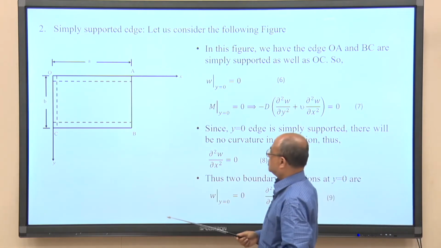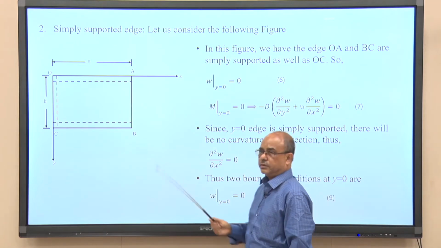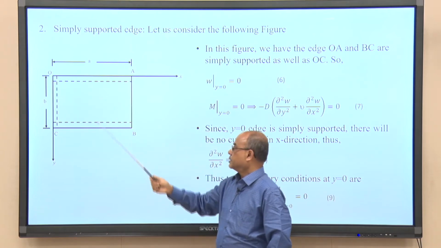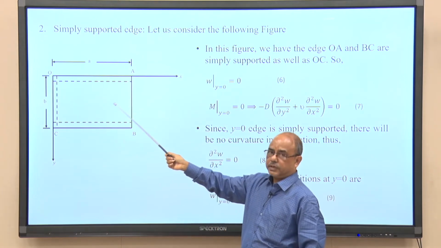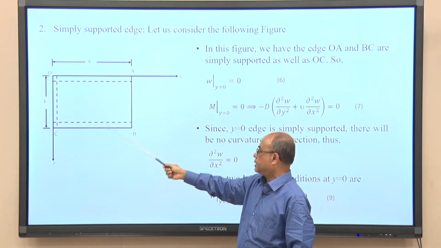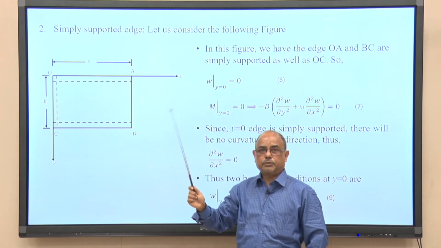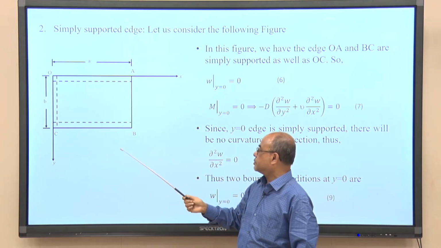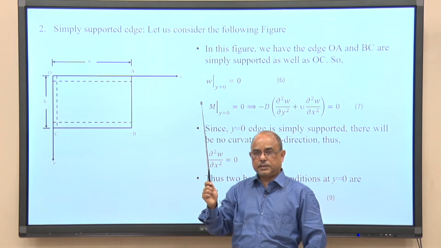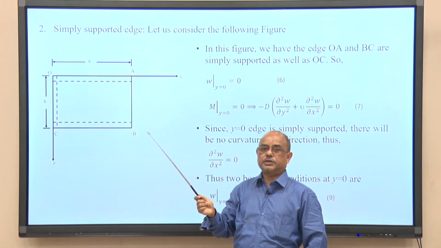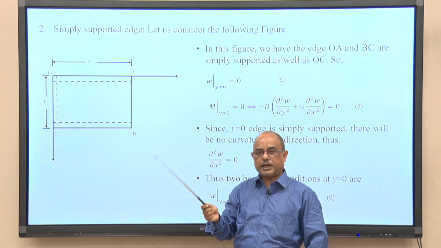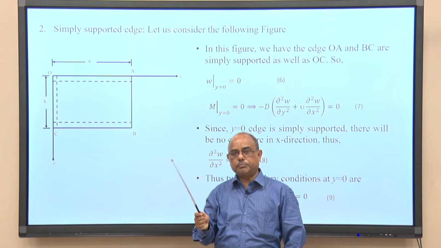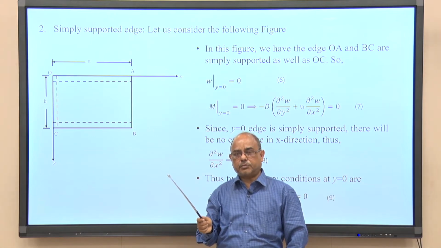Now, if I want to write the condition for the edge OC, how will I write? OC is x is equal to 0. So, the boundary condition at OC will be w is equal to 0, that is one condition, and the second condition will be that the bending moment along the x direction is 0. So, the bending moment along the x direction is minus D del square w del x square plus mu del square w del y square.